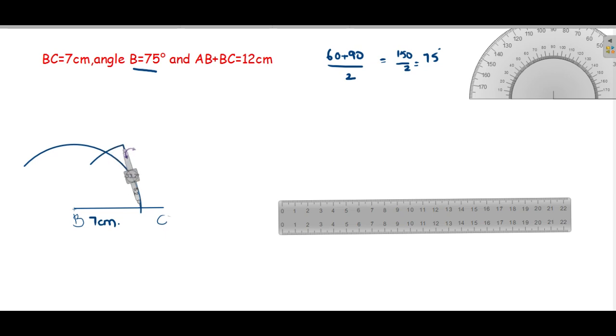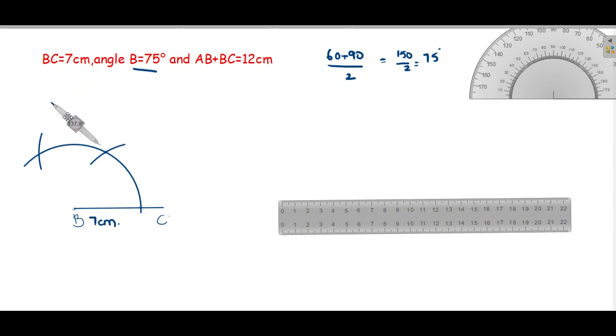Draw the first arc, this gives 60 degrees. Then if we draw from this point another arc, it will give us 120 degrees angle. Now if you bisect this 120 degree angle and 60 degree angle, we will get 90 degrees. So throughout the process we will keep the radius of the compass the same.